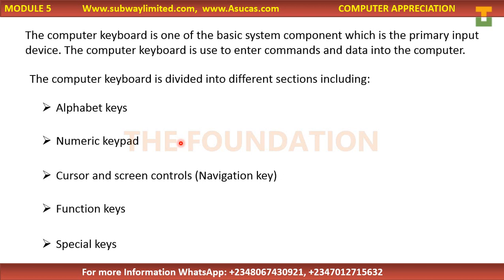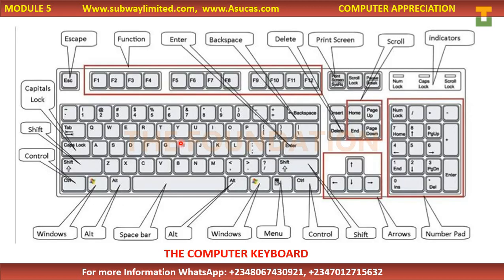So we sum them up and we call them the special keys. You have the modifier keys as well. The way another person will classify or divide the computer keyboard might be different from what I am saying here, but it's all the same.